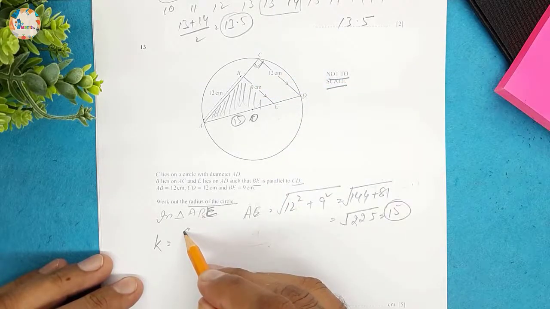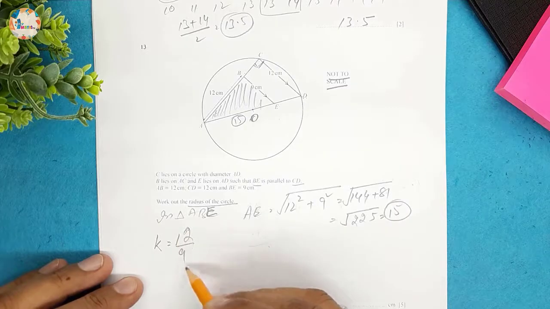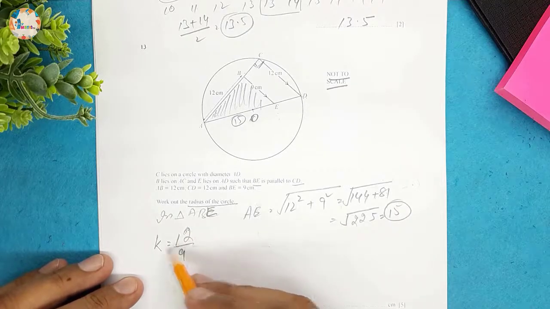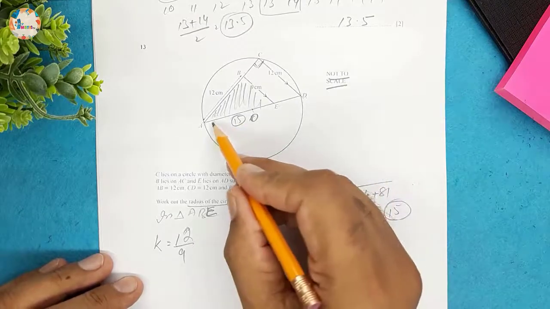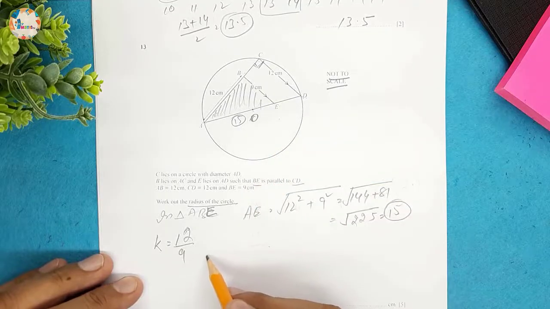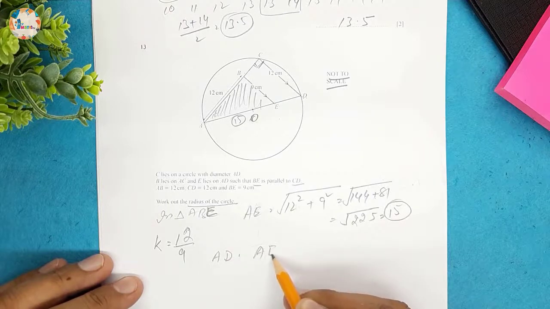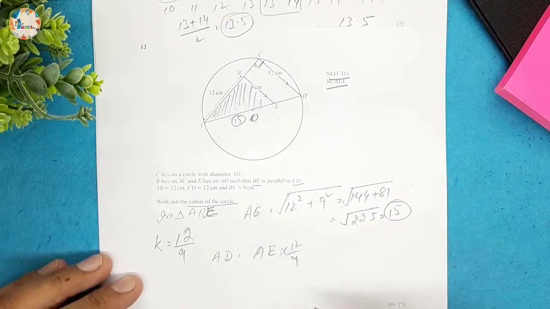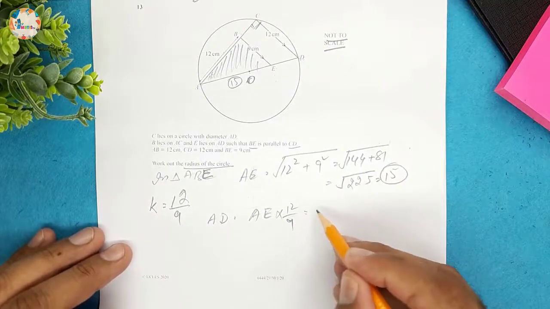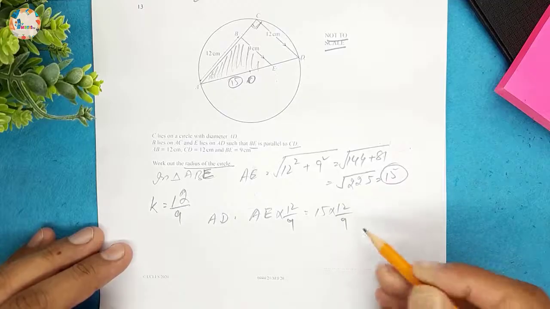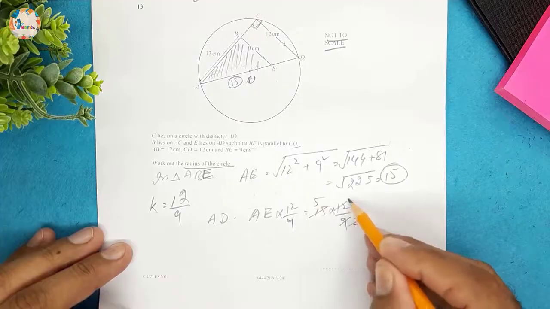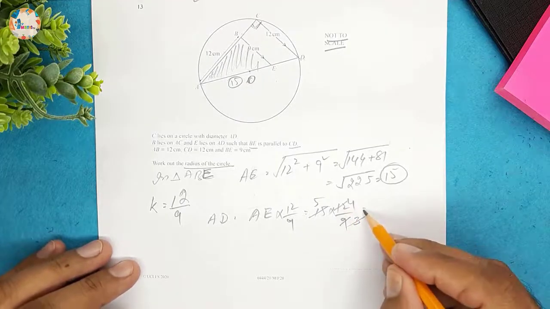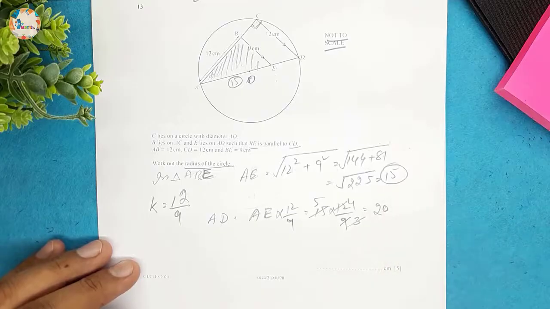So AD will be AE multiplied by 12 over 9, which is 15 times 12 over 9. 3 3s are 9, 3 5s are 15, and 3 4s are 12, so this will be equal to 20.